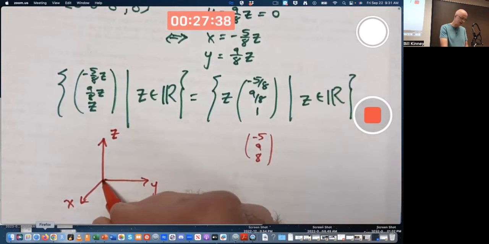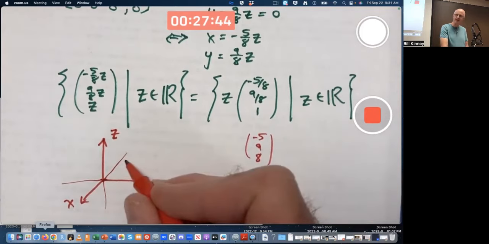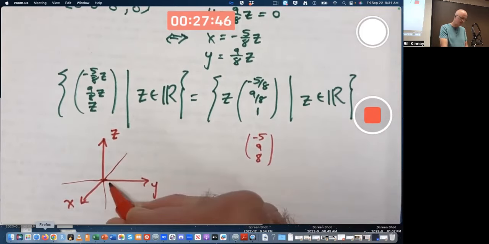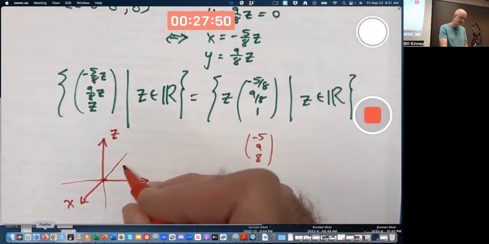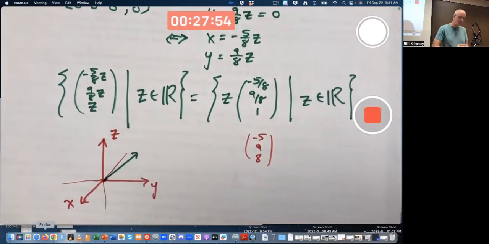Well, you kind of got to use your 3D imagination here. X being negative means you'd have to go behind the piece of paper here. Y and z are positive, so you'd go up and to the right as well. You kind of got to imagine this arrow that I'm drawing as going behind the paper in your imagination.